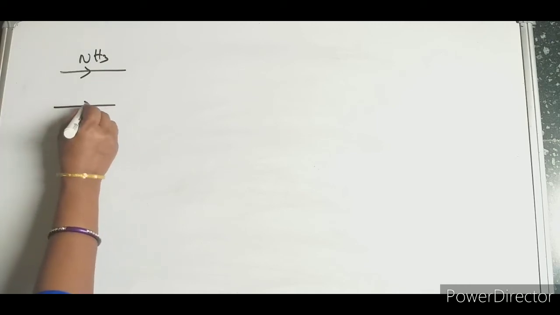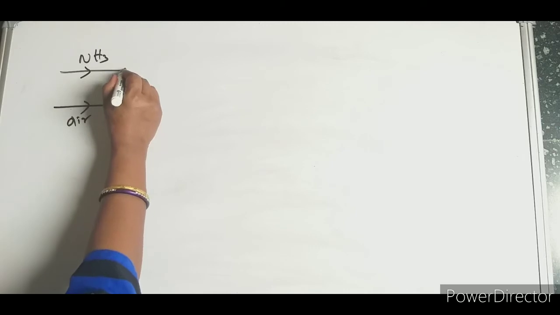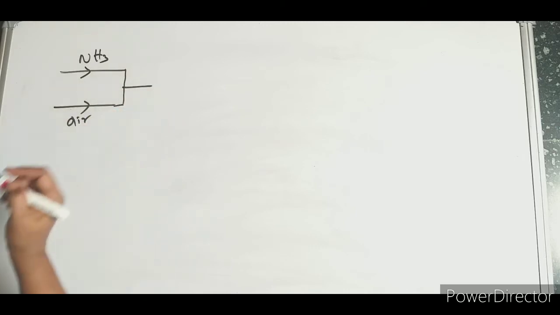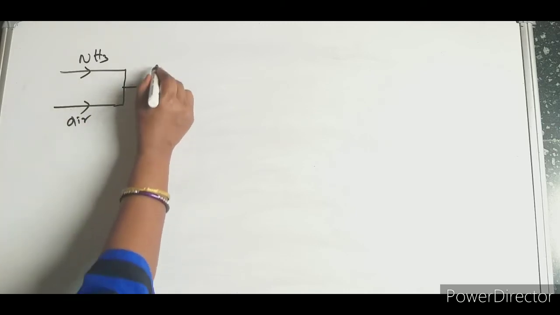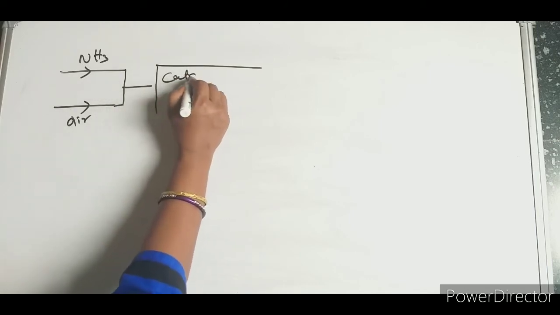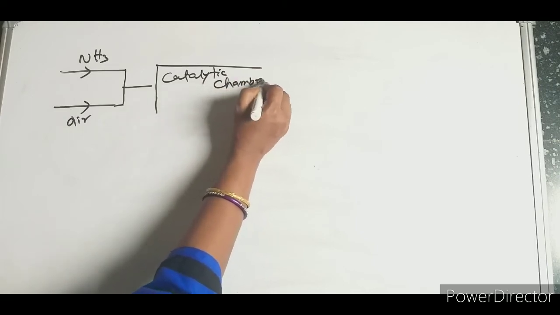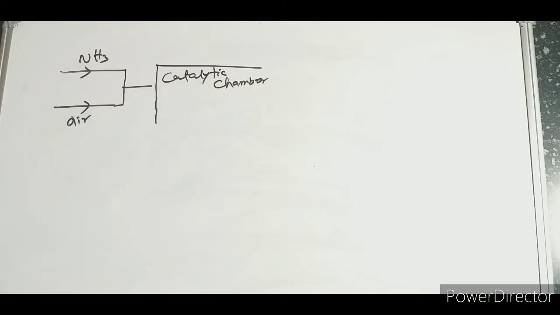Ammonia comes, air comes, and both combined go here. This is the catalytic chamber. What happens in the catalytic chamber?